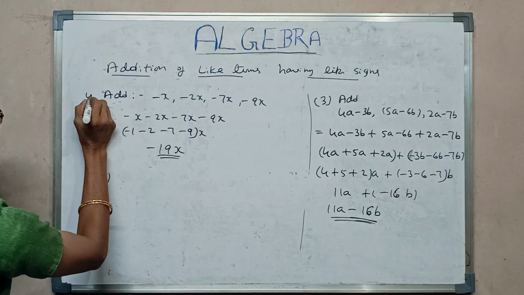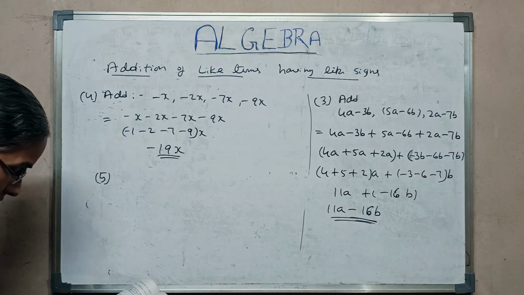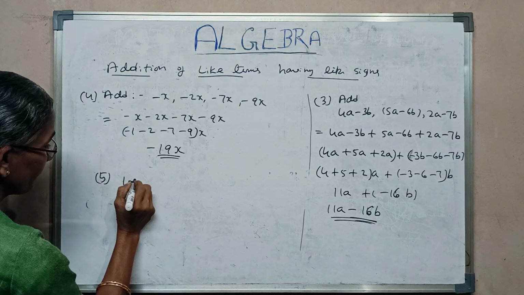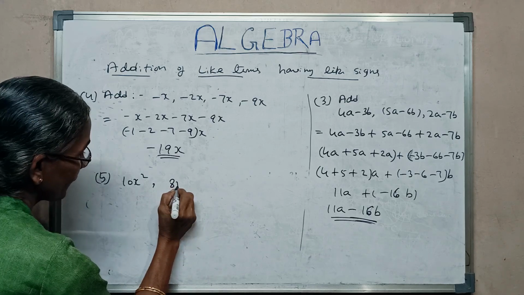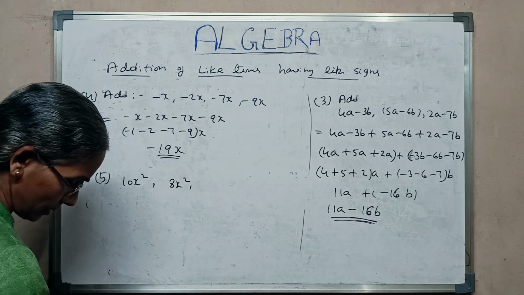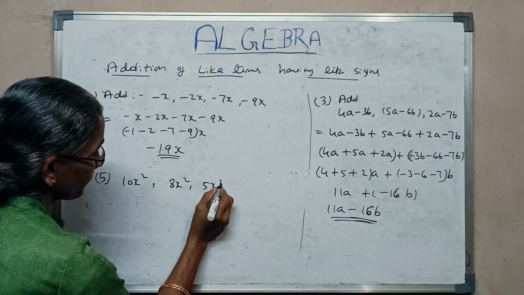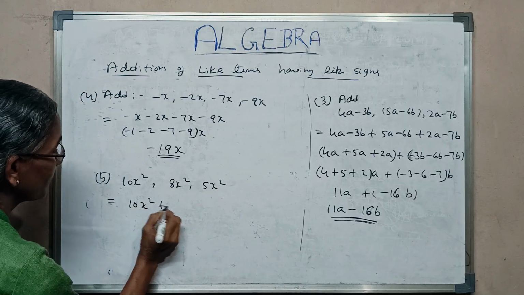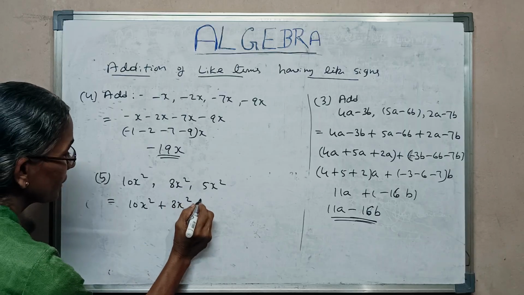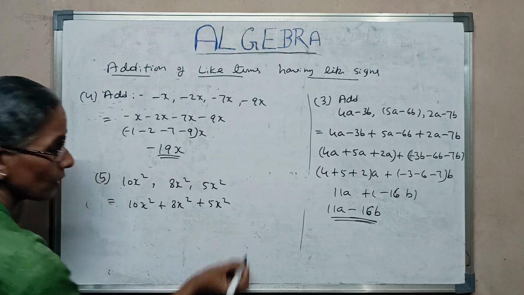Fifth example: 10x square, 8x square, 5x square. Here also the same: 10x square plus 8x square plus 5x square.